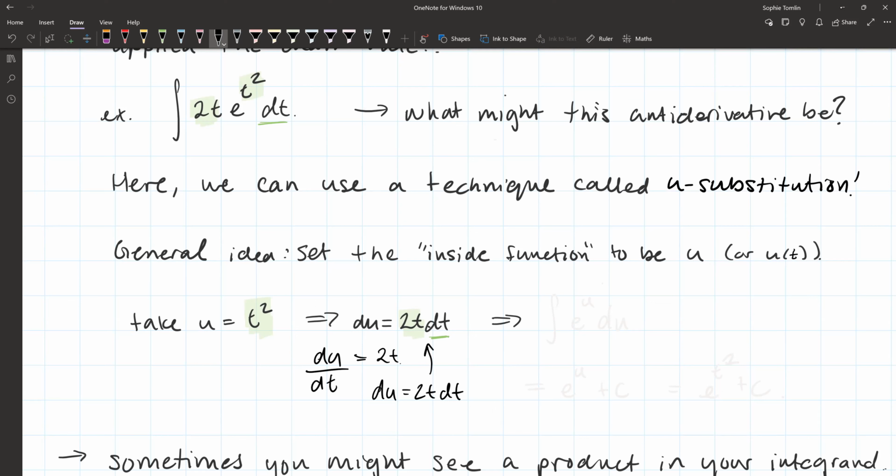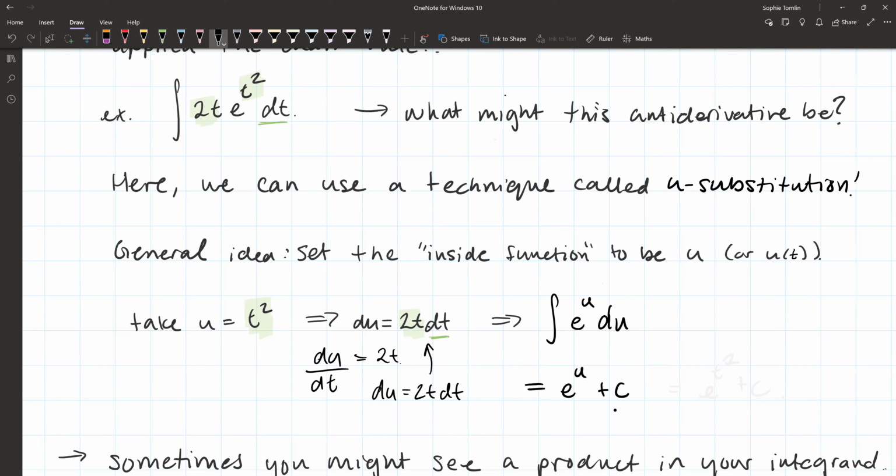And so now if we do those substitutions, we'll get this integral, which looks a lot simpler. We have the integral of e to the u du, and that's something that we've definitely seen before. So then we integrate that, and since e to the u is its own integral, we just have e to the u plus our constant of integration.